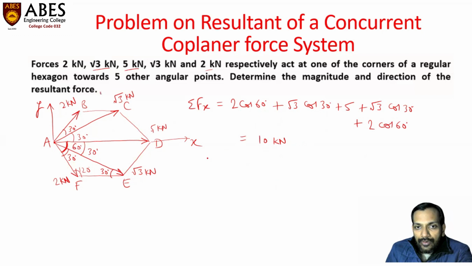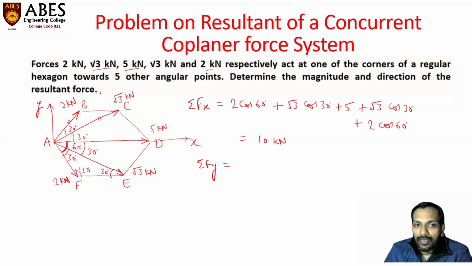Now let's calculate summation of forces along y-axis. We will choose these five forces one by one. Let's take 2 kilonewton first. The vertical component of this force will be in the upward direction. It will be considered as positive. Vertical component of under root 3 kilonewton will also be in the vertically upward direction. It will be considered as positive once again.